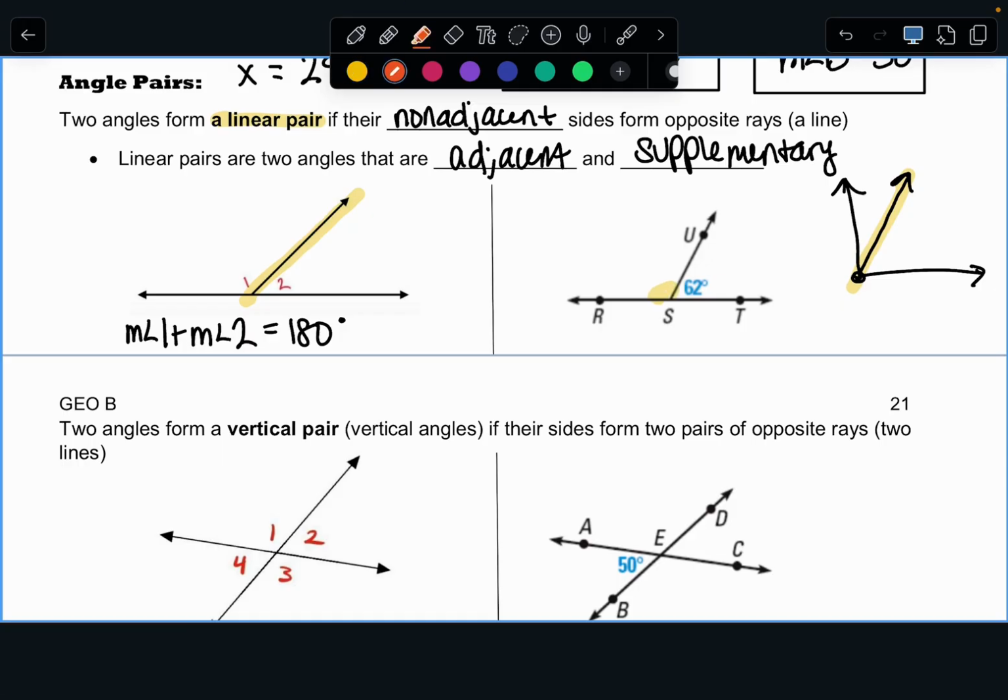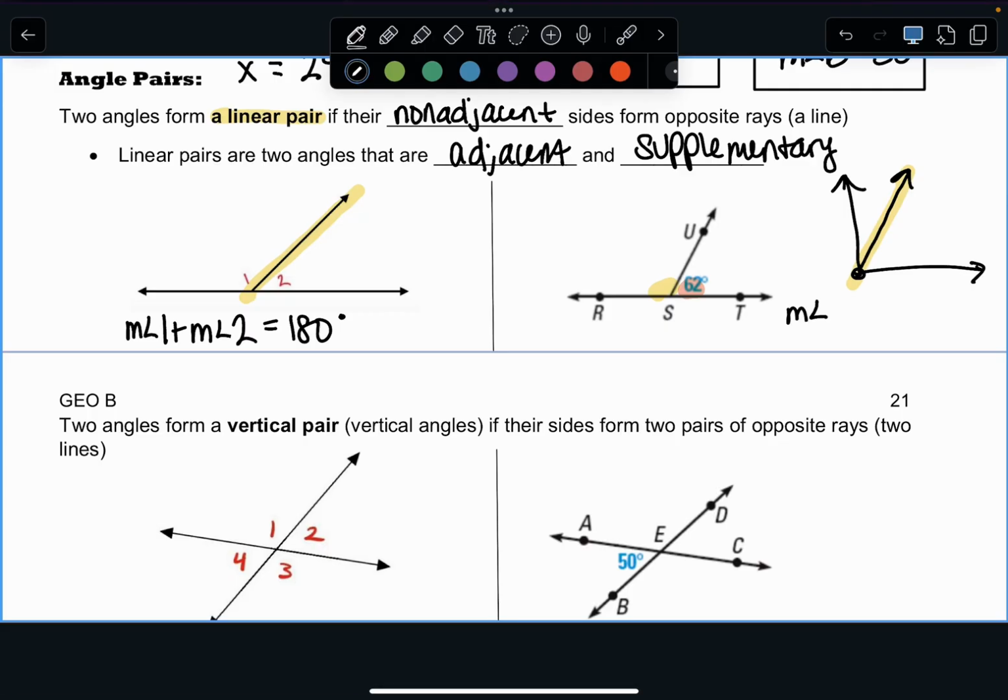Same thing with angle RSU and UST, the yellow and orange angles. They form a linear pair. They have to add to 180 degrees. What do we think the measure of the yellow angle would be if they have to add to 180? Not 90.